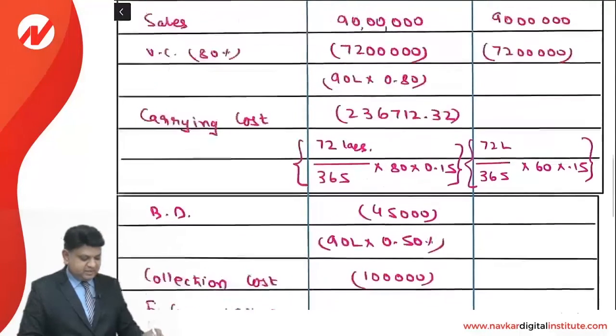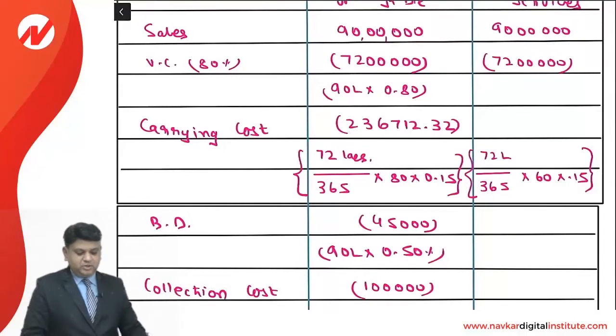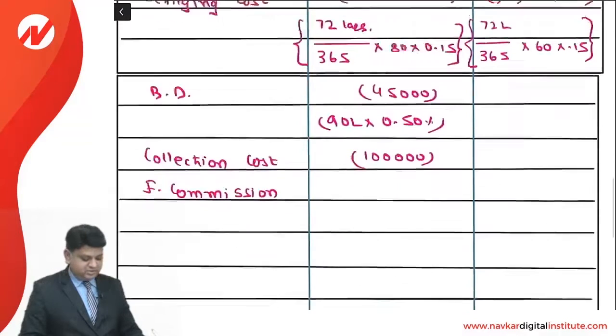This is the way the carrying cost will be found. So 72 lakhs into 60 into 0.15 divided by 365. So it comes to 1,77,534.25. This is the carrying cost.